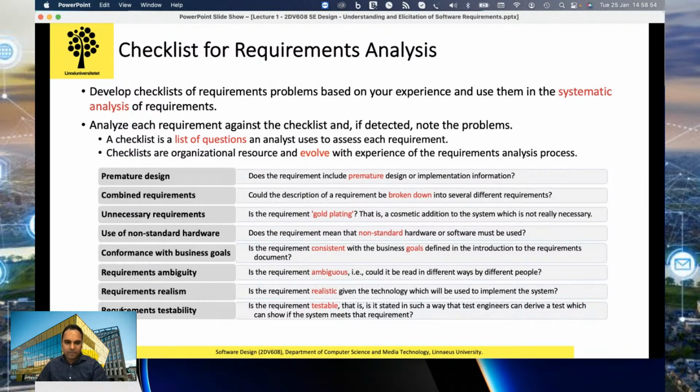So for example, take testability, that is the last criterion: is your requirement testable?